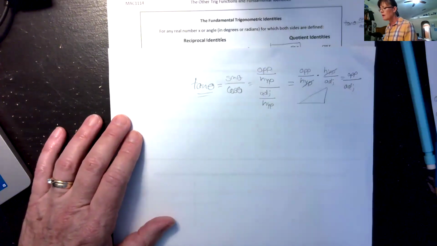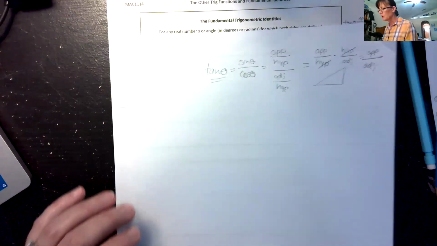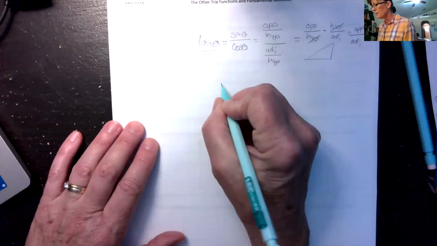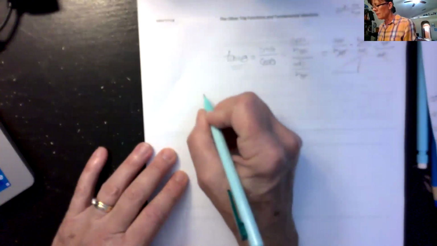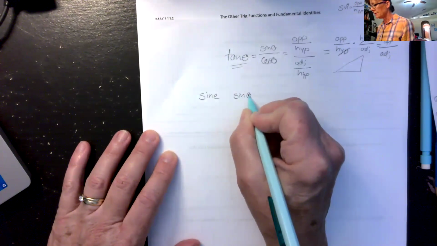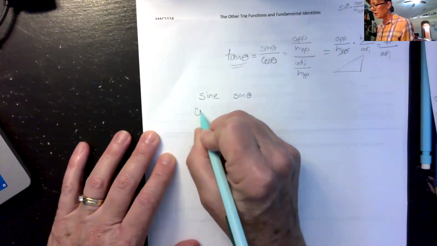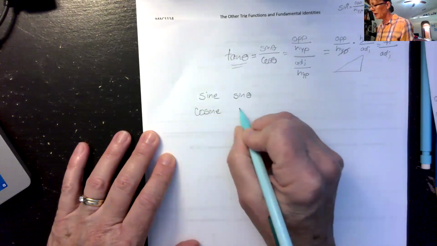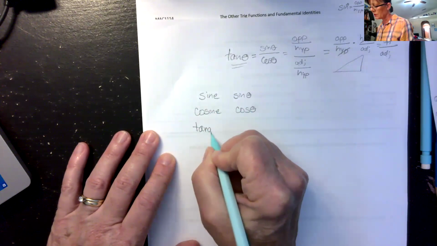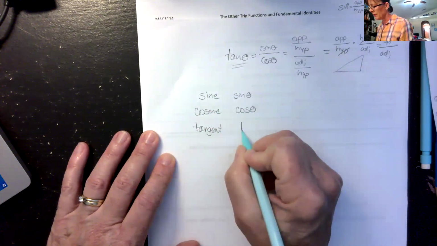Now, here are the reciprocal identities, which we are about to look at. We know the sine function is abbreviated SIN, the cosine function is abbreviated COS, and the tangent function is abbreviated TAN.